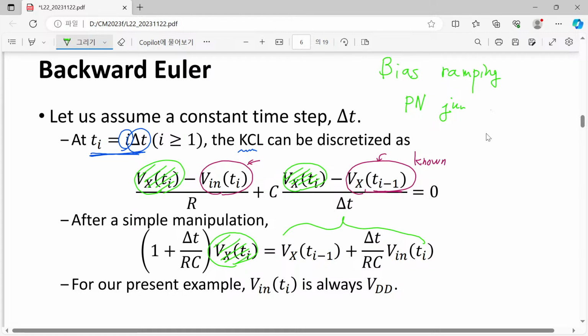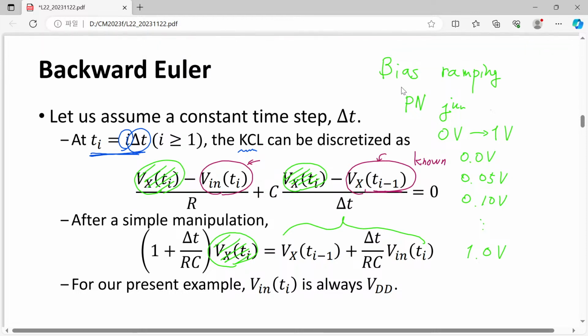If our goal is to achieve 1 volt, then we start from 0 volt and move to 1 volt, for example changed from 0.0, 0.05 volt and 0.1 volt. So eventually we end up with this 1 volt. That was done in our bias ramping.